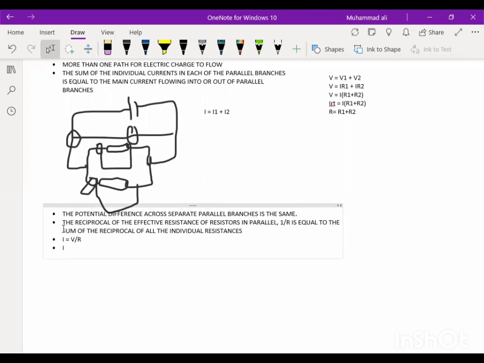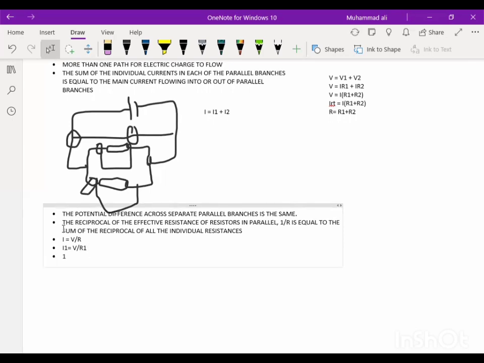For I, the total current is equal to the current divided at the junctions, right? So I1 is equal to V upon R1, because again resistance is also different, right? So this is the idea that you need to know, right?